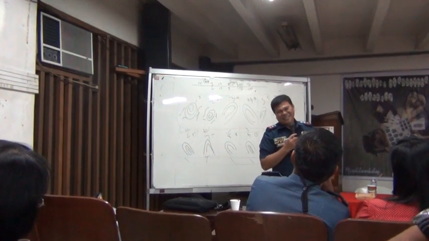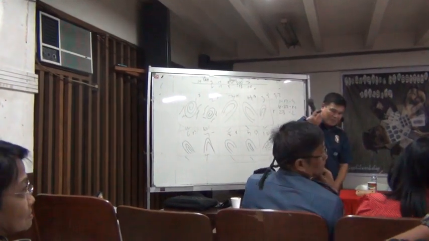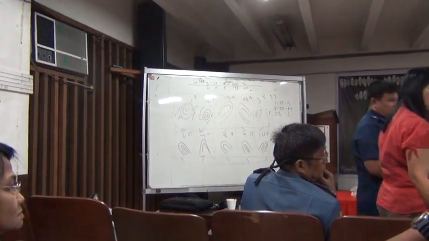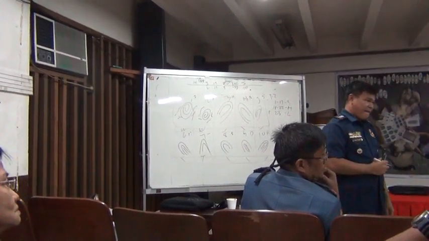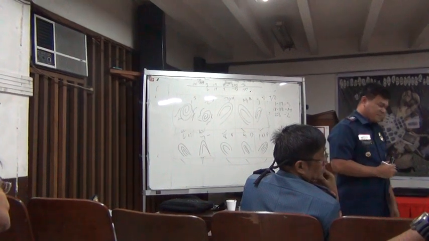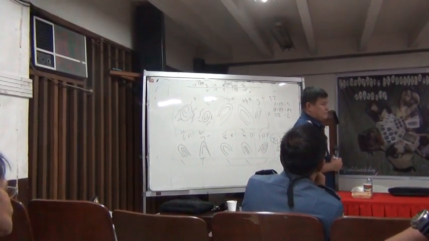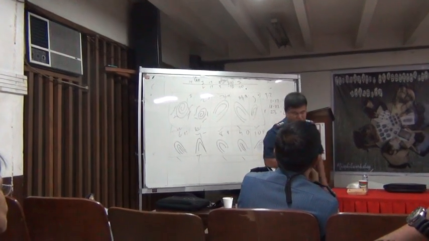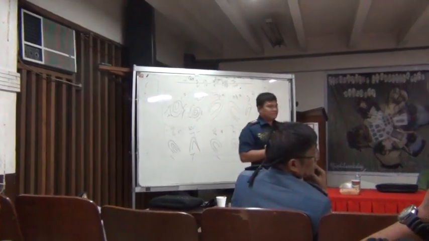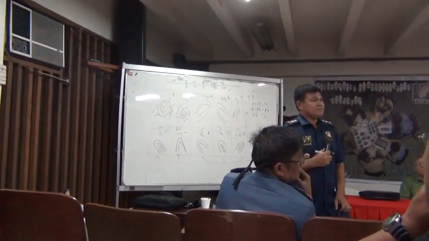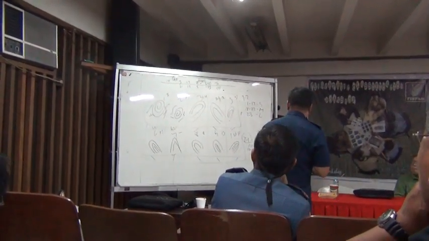Okay po, madam. In the final classification, sir, in the absence of the loop pattern, we're going to treat the word pattern as a loop pattern. Okay, so there's no question about it. But say for instance, sir, both loop patterns are appearing on finger number 5 and finger number 10.